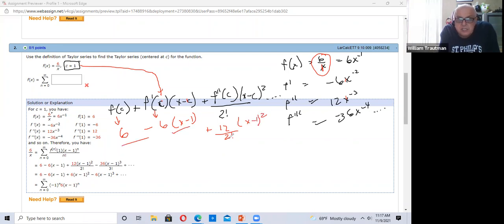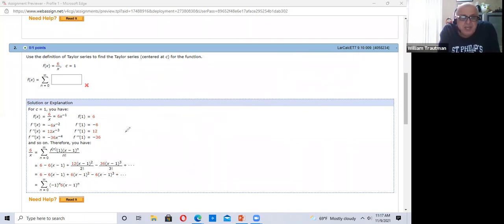And you can see this is leading to the pattern that we have going on here. You really have to take these patterns down as far as you can go.